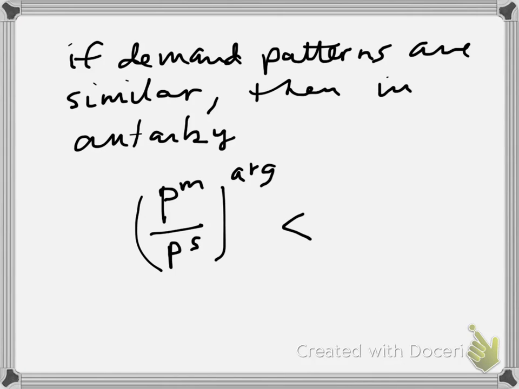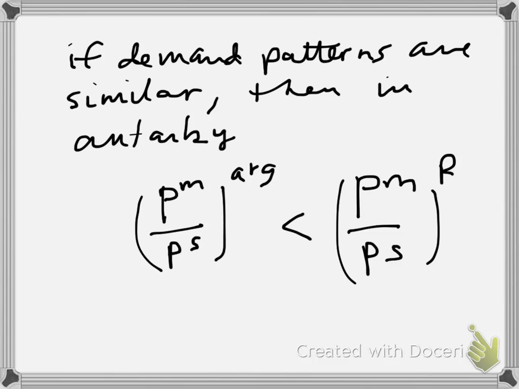Now, if demand patterns in the two countries are similar, then in autarky, the price of meat over the price of soy in Argentina will be less than the price of meat over the price of soy in Brazil. That's because Brazil has a relative abundance of llano land, so if demand patterns are similar, soy is going to be relatively cheap in Brazil, and meat is going to be relatively cheap in Argentina.